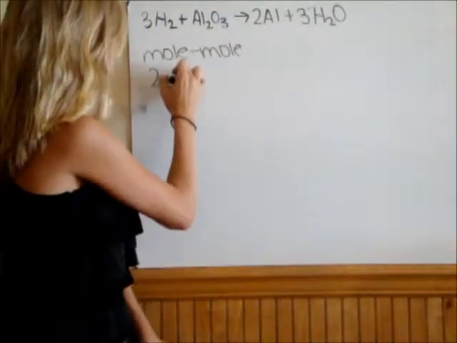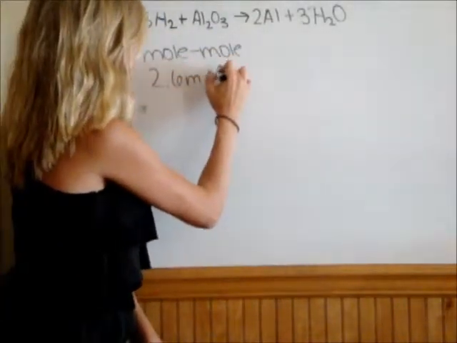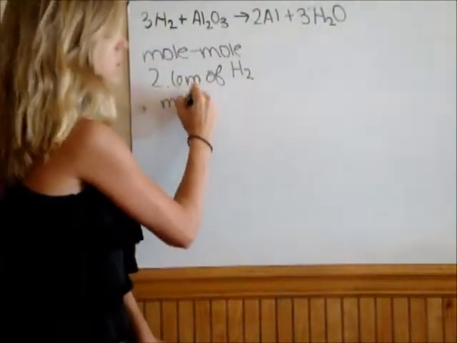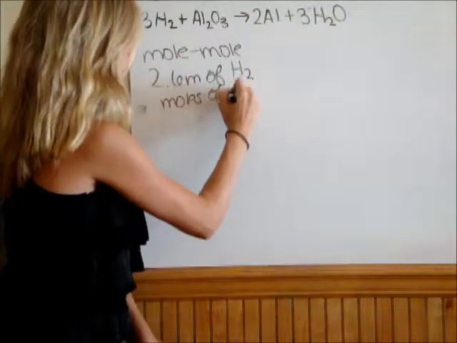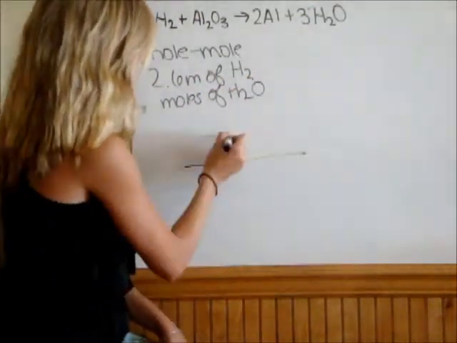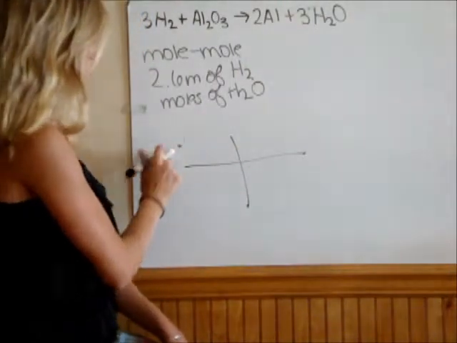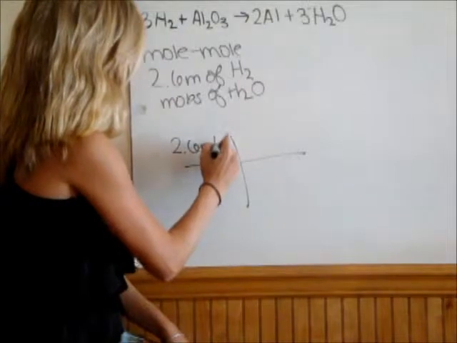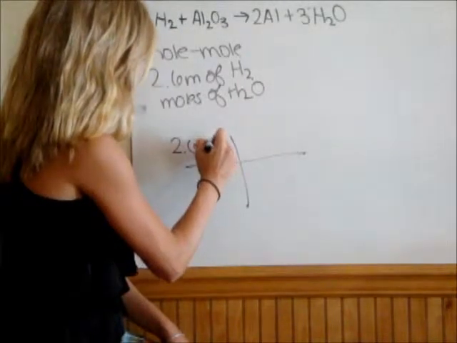Given 2.6 moles of H2, let's try to find how many moles of H2O are formed. So we make our table. Up top, we will put our given moles of X, which will be 2.6 moles of H2.